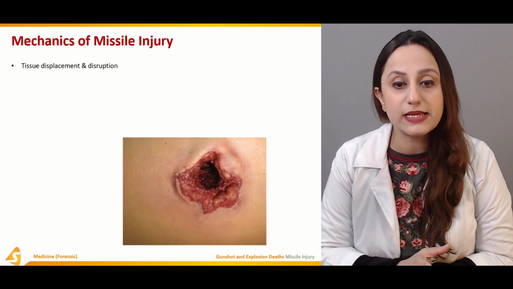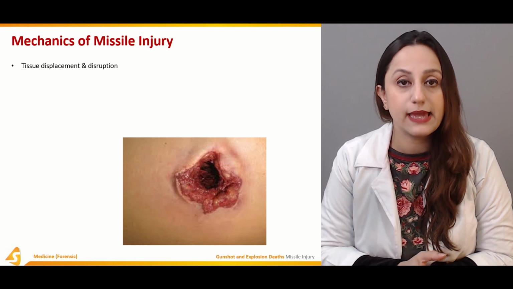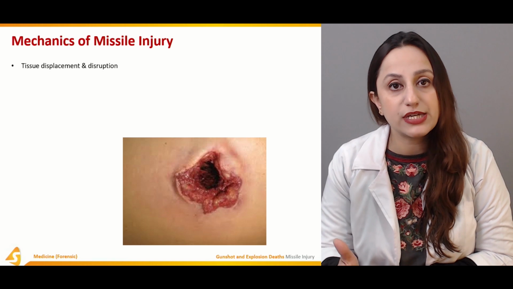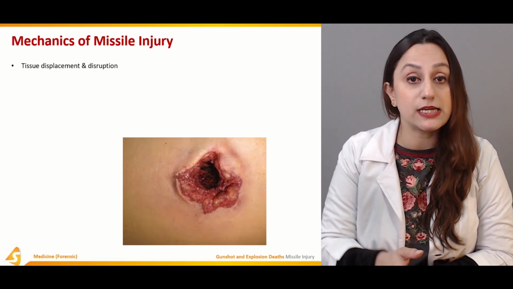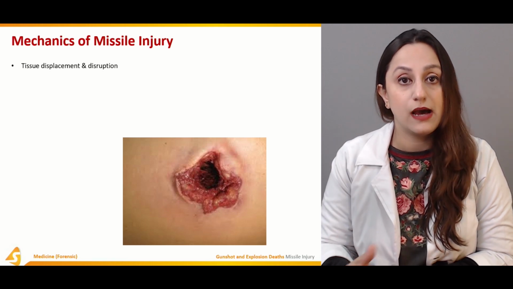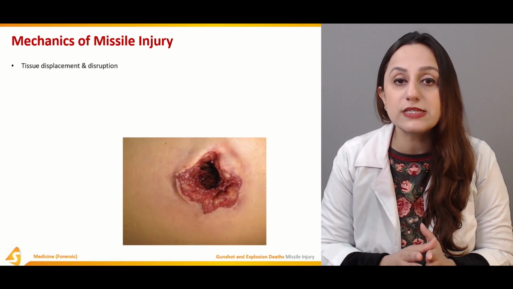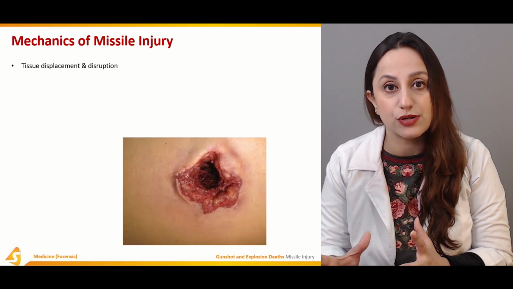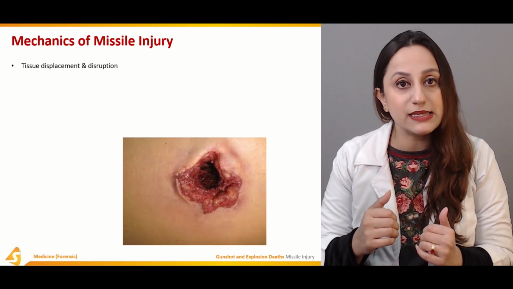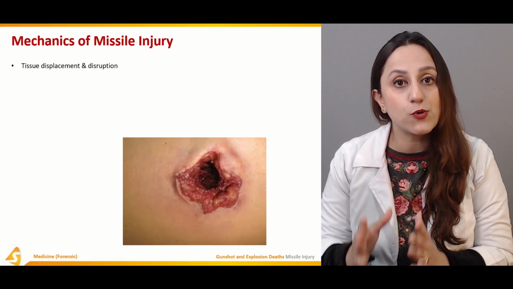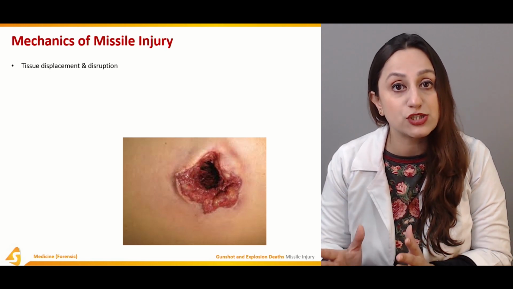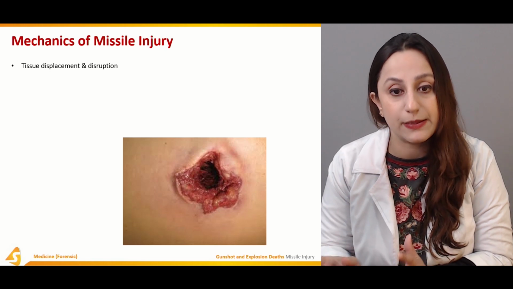Now, the tissue displacement and disruption, of course, is an accelerating or decelerating kind of injury. Deceleration for the bullet that was already in an accelerating phase, and the force is equal to mass times acceleration. So it depends upon the acceleration of the bullet, which is directly proportional to the amount of damage that is going to occur on the tissues after the impact.